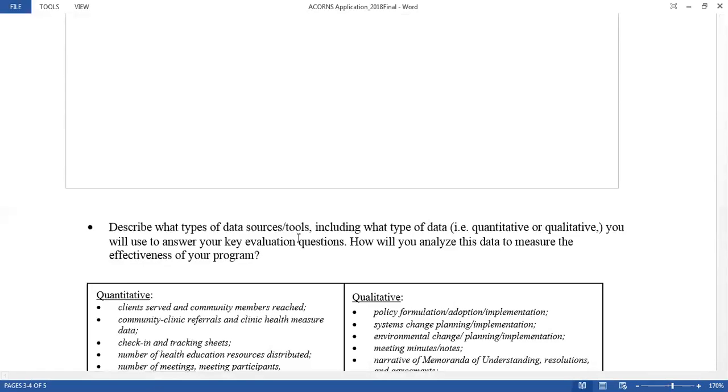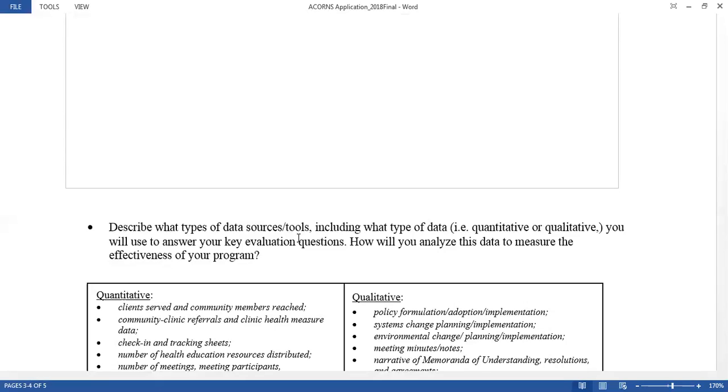Quantitative data, as a reminder, is number-based data, so counts, percentages, number of participants. Qualitative data is more of a narrative, so maybe it's the comments on a survey. That is a written narrative of data. It doesn't have a number or a count associated to it. So describing what sources and tools you're using, including what type of data you will be collecting from that.